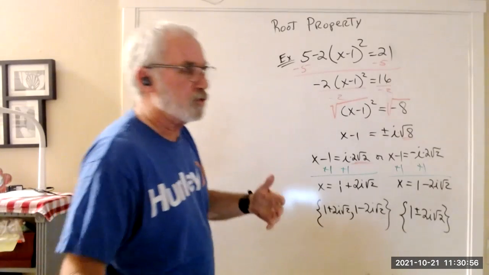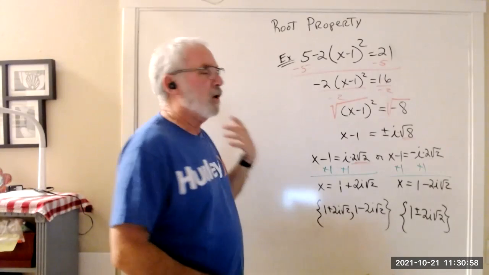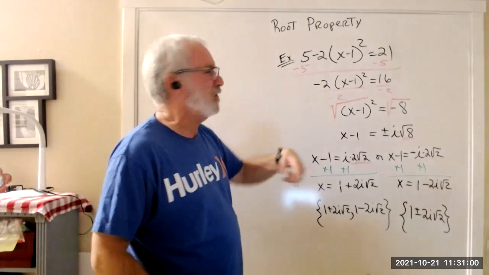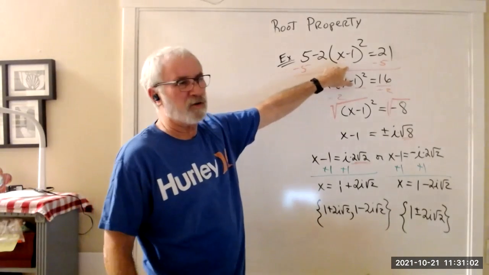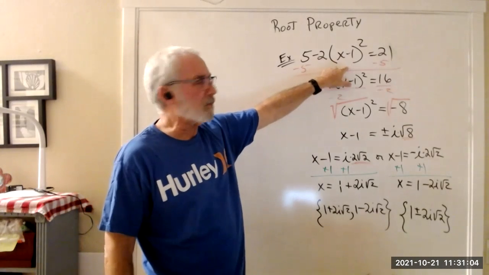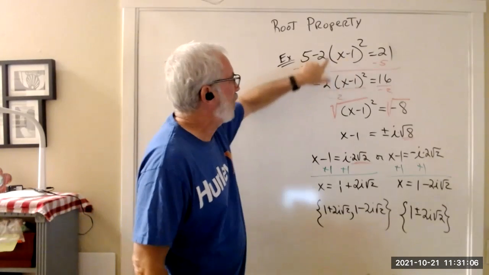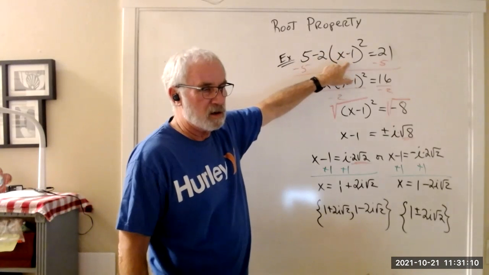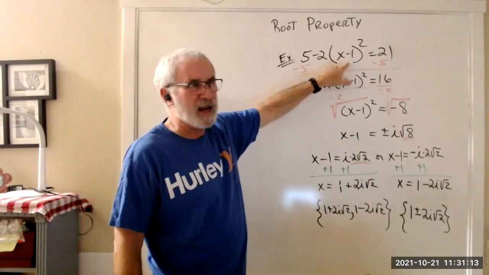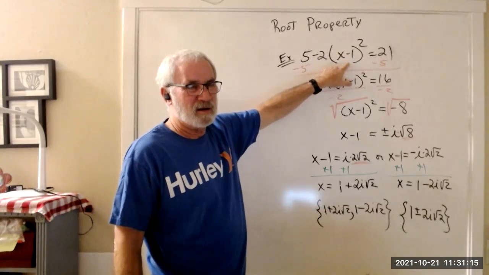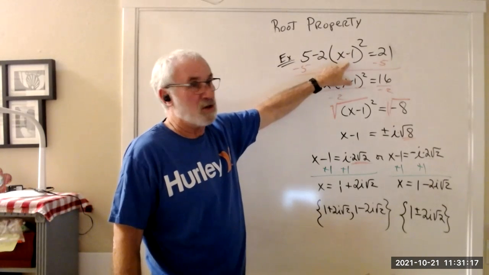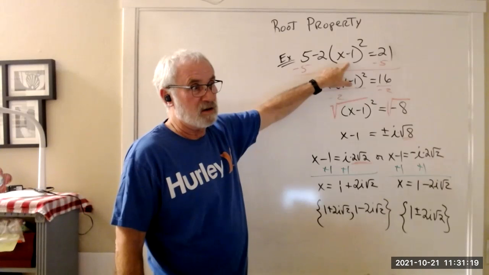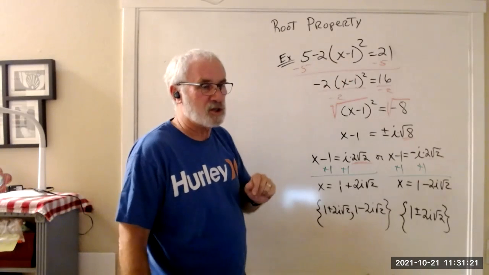One of the questions you should be asking yourself is, wait a minute, how often do I come across an equation that has all of my x's inside of a quantity squared? How often does that happen? The answer is not very often, but we can force it to happen.